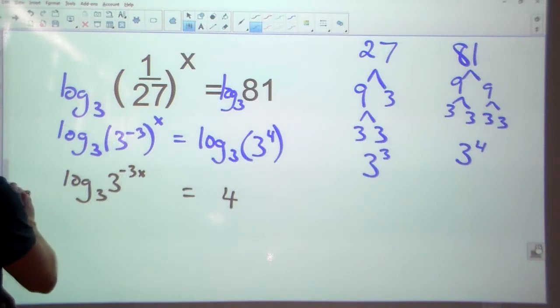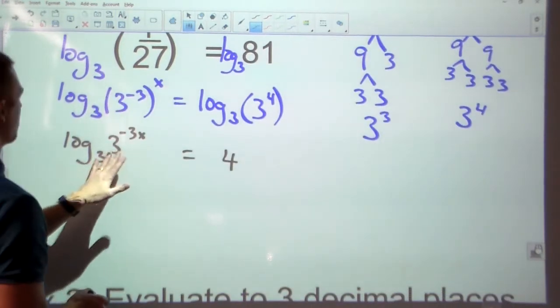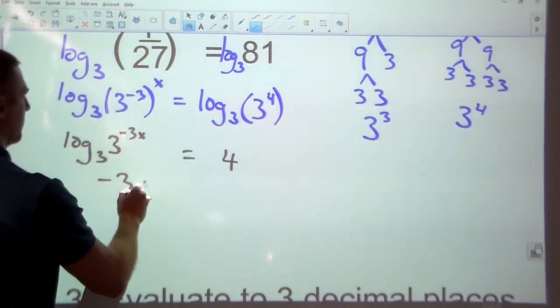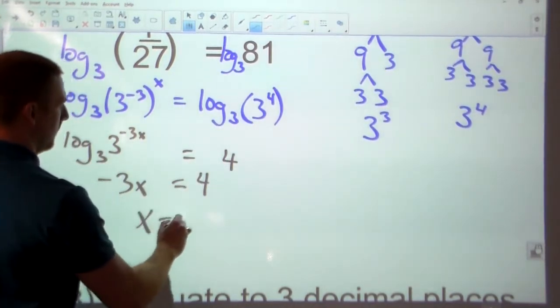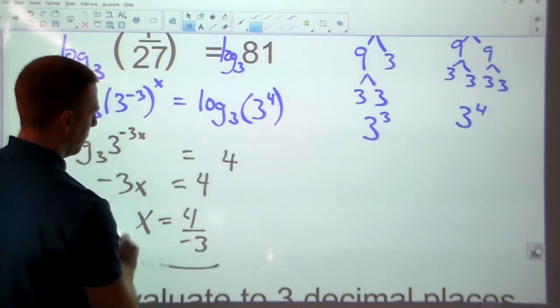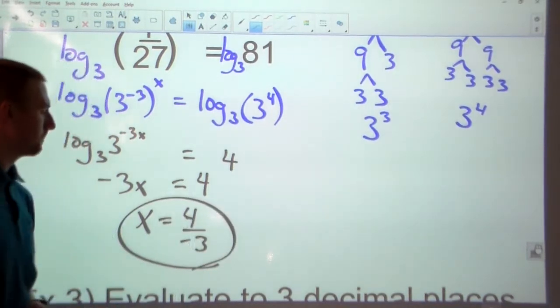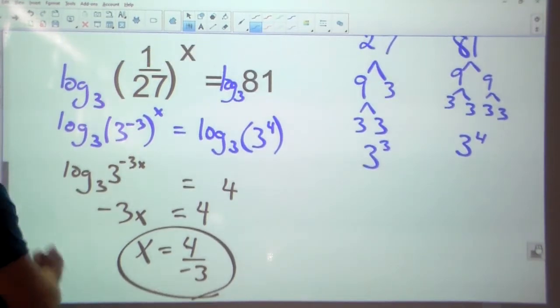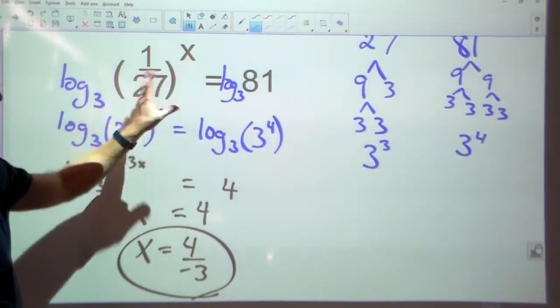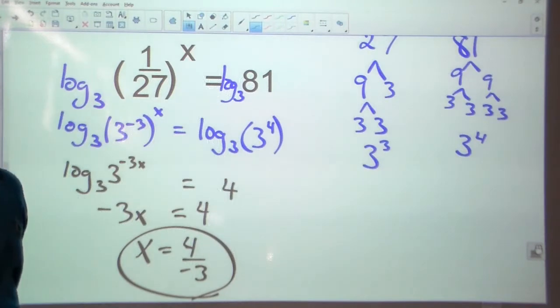That's your exponent rules. And we get the same situation where it's log base 3 of 3. So negative 3x is all that's left on this side now. 4 is all that's left over here. So negative 4/3 would be your final result. And you can always plug it back in the calculator, and I recommend you do that. Plug that back in here for x and verify that it does come out to be 81.